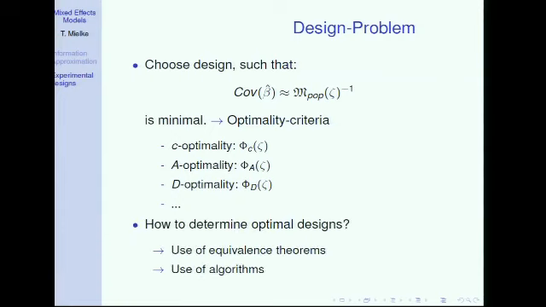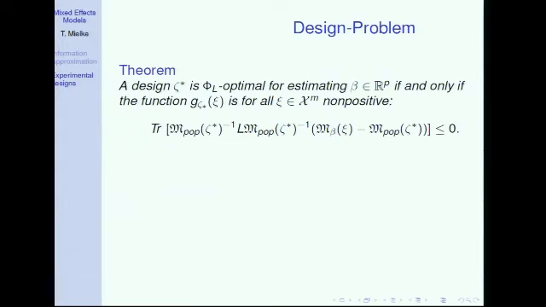How to do this? We might analytically use the equivalence theorems to optimize the designs, or we take use of some algorithms, which are mainly based on the equivalence theorems as well. So here is the equivalence theorem for linear optimality.